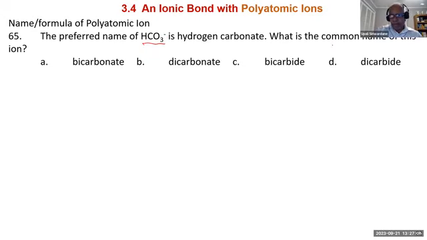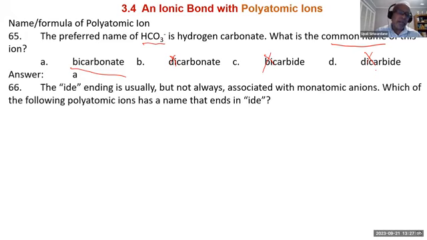The common name of hydrogen carbonate is bicarbonate, not dicarbonate. Bicarbonate, that's in the table that we look into. Hydrogen carbonate is the same as bicarbonate. The ending ide is usually associated with monoatomic anions, chloride, oxide.